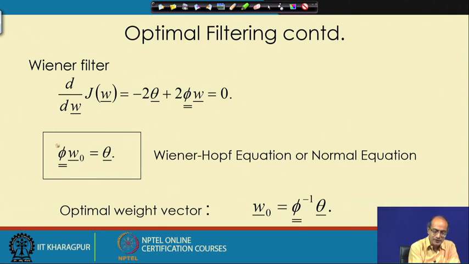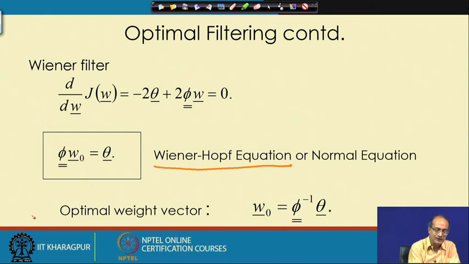So, this equation is known as the Wiener-Hopf equation. Okay. And one good part of this exercise is that we are able to get the weights in terms of a set of linear equations. Okay.